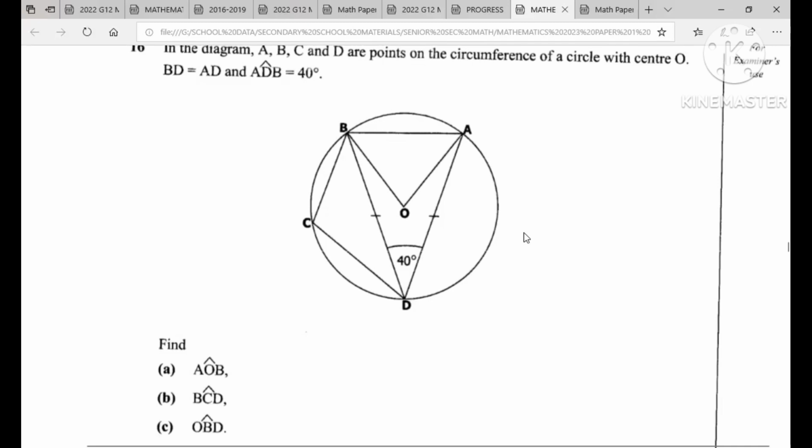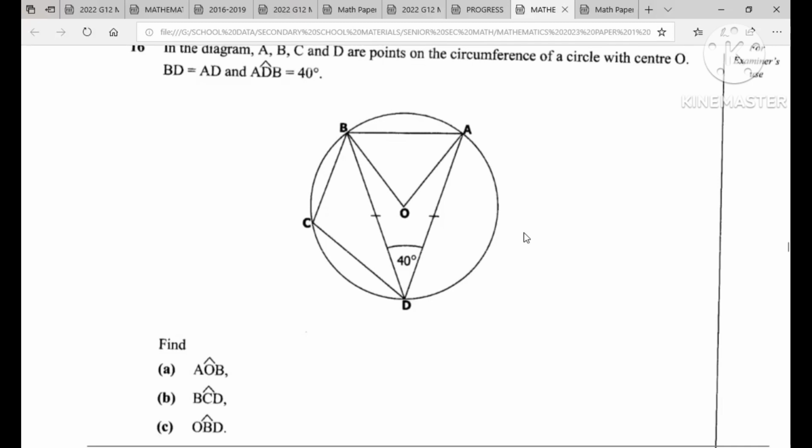So for us to find angle AOB, we just use that property to say the angle at the center is twice an angle at the circumference.